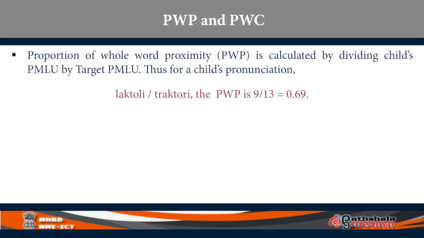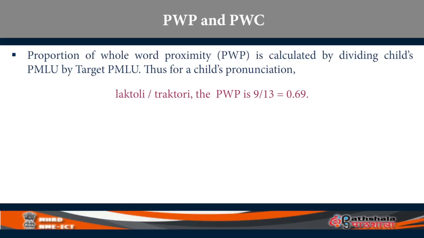Let's look at one more measure. Proportion of whole word proximity, PWP. This is calculated by dividing the child's PMLU, which I have already explained to you, by the adult PMLU. I gave you the example of Finnish words. The child mispronounced Vene as Nene.